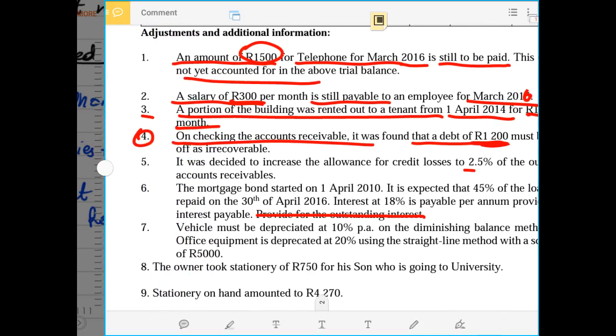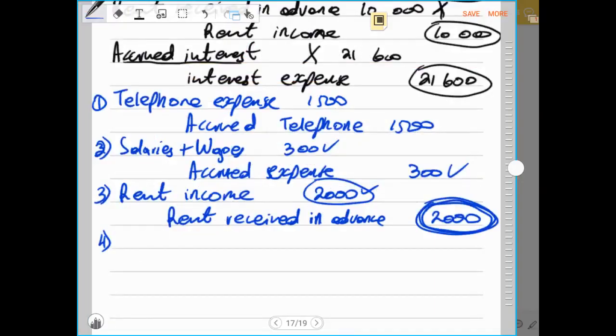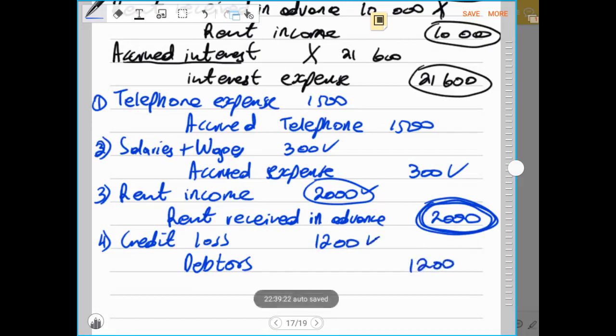So now here we have another bad debt or credit loss, and we know that credit loss is an expense, and expenses increase on the debit side, meaning we debit our credit loss or bad debt and we credit our debtors, and that will be an amount of 1,200. So now our credit loss will increase by 1,200 and our debtors will decrease by 1,200 at the same time.